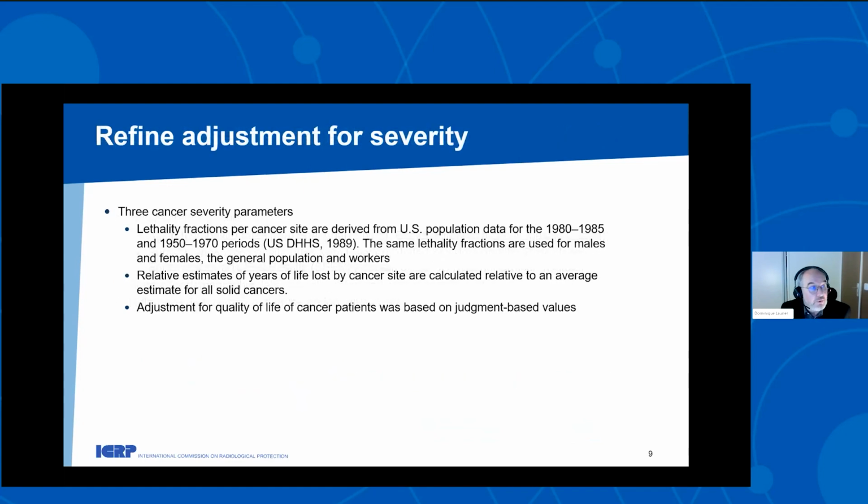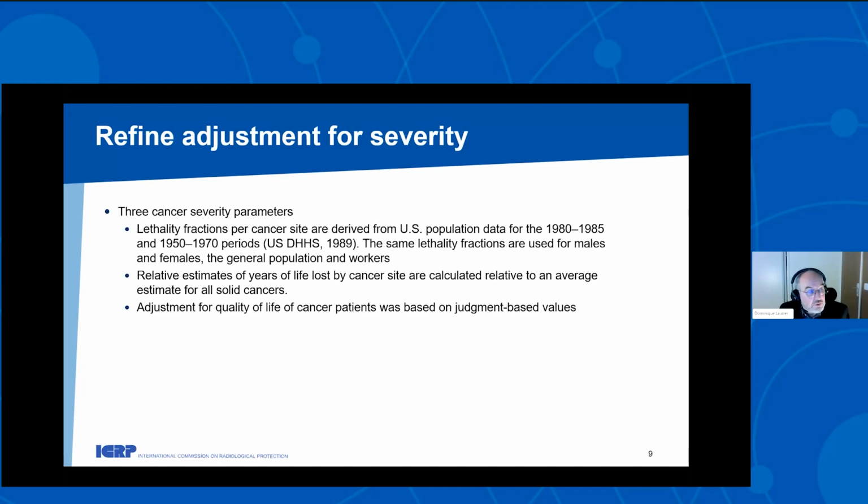The last point for improvement and update is to refine the adjustment for severity. The different parameters that are used for severity also do not come from the radiation field. These are indicators that are outside of the radiation field.